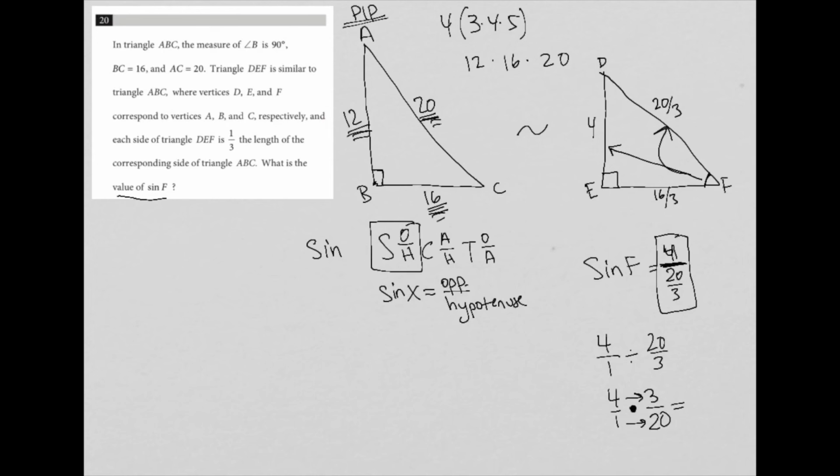But otherwise, if I multiply straight across, I end up with 12 over 20. I want to reduce this fraction. The greatest common factor between 12 and 20 is 4. So 4 goes into 12 3 times, and 4 goes into 20 5 times, and therefore the answer to this question is going to be 3/5.